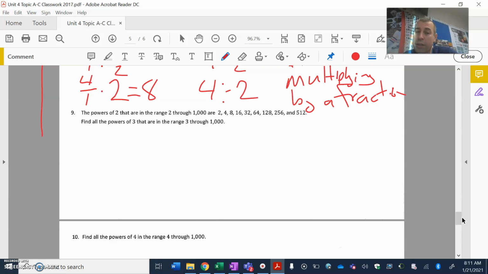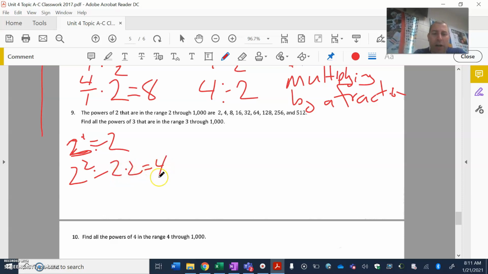So 2 to the first power is 2. 2 to the second power, 2 times 2, that's my 4. 2 to the third power, 2 times 2 times 2. Well, 2 times 2 is 4, 4 times 2 is 8. So that's what they're getting.